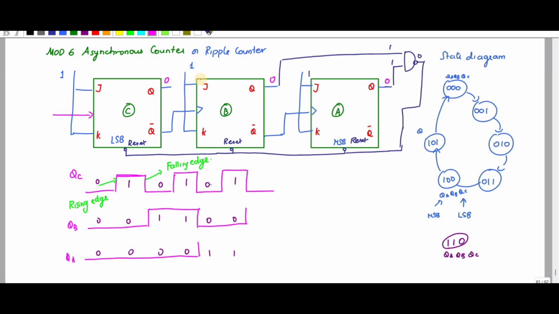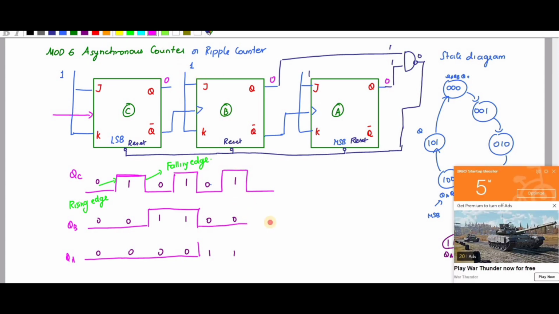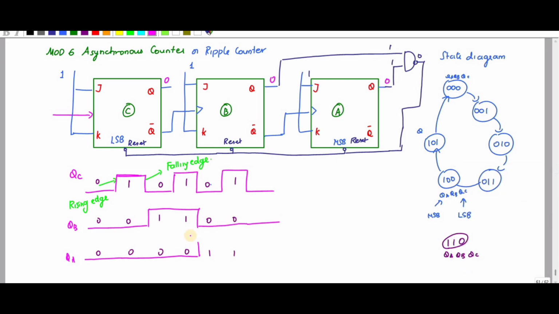Okay, so it will not reach 110. Since if it reaches 110, it goes to this AND gate and it goes to the reset and it makes the next state value 0 0.